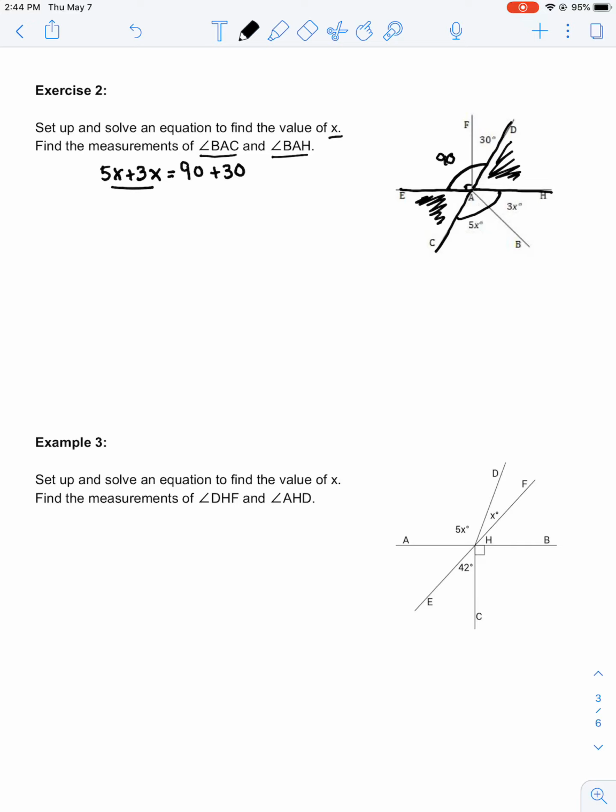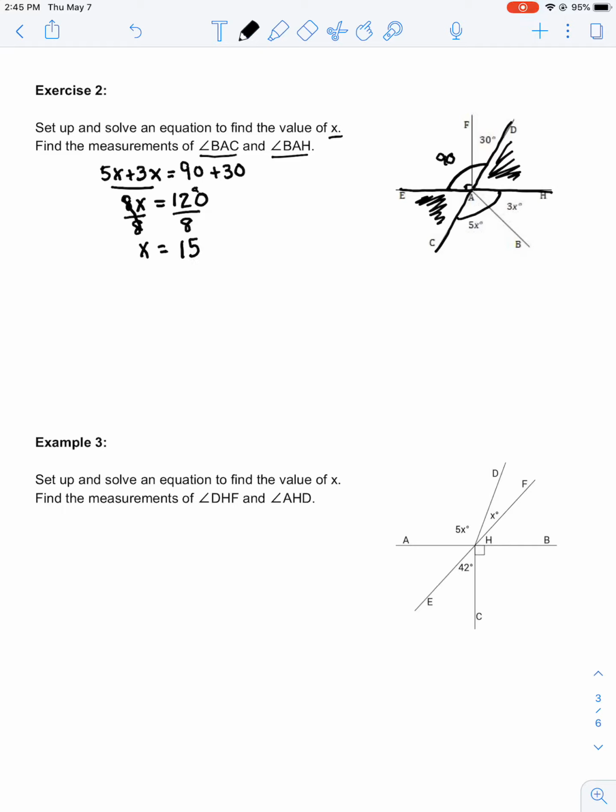So here on this side, I can add those together and get 8x. 90 and 30 is 120. So dividing both sides by 8, I have x equals 8 goes into 12 once with 4 left over. 8 goes into 40 5 times.